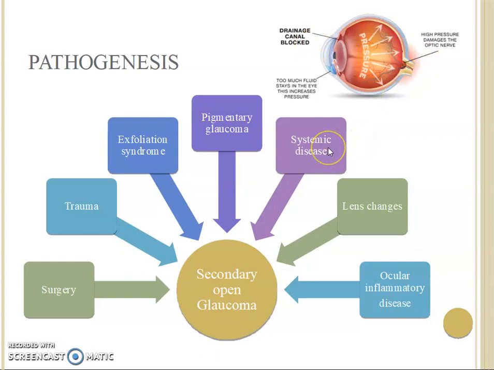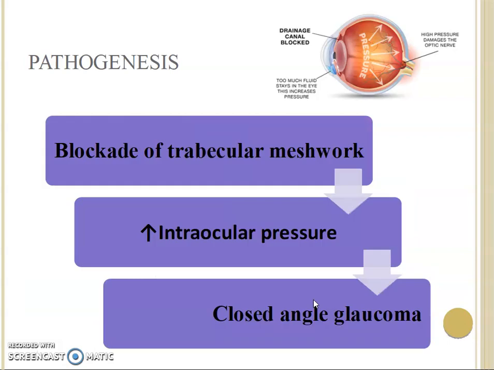Next parameter is systemic disease or systemic syndrome, associated with lens changes or lens dislocation that can raise the intraocular pressure, and again glaucoma is produced. Now next, ocular inflammatory disease. Due to inflammatory response, there is a release of inflammatory cells which can raise intraocular pressure, and that can cause the secondary open angle glaucomatous state.